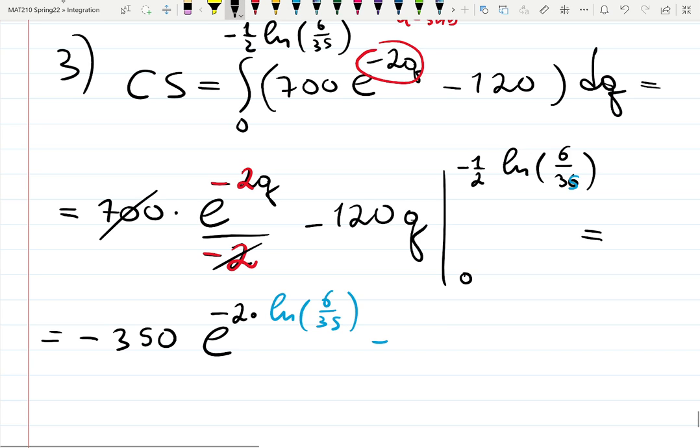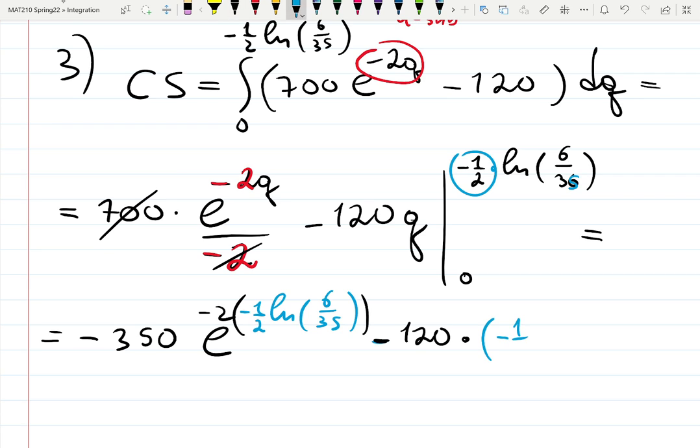Minus 120 times, oh, you see, I lost this piece, negative 1/2. Let me put it here, negative 1/2. Maybe you will make fewer mistakes if you actually approximate the upper limit of integration. Let's think, less things to type. Minus 1/2 ln of 6 over 35, like so.